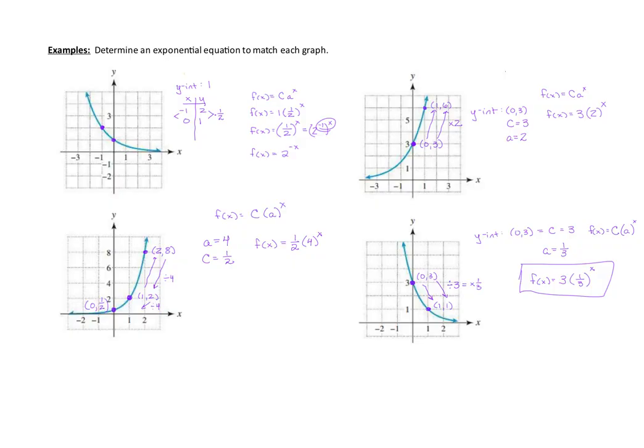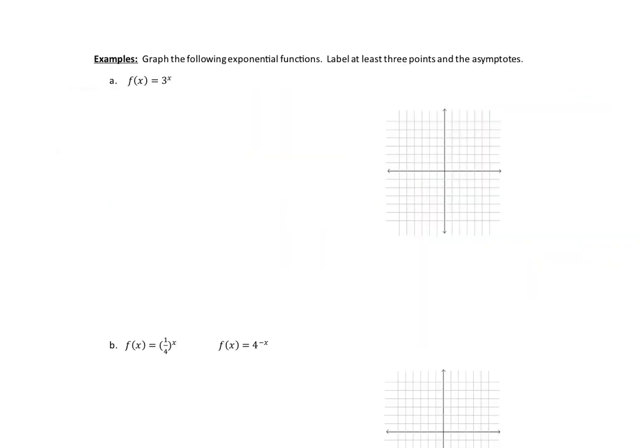All right, that is looking at our graphs. The next thing we're going to do is go ahead and graph some exponential functions. When we do our graphs by hand, we do want to label at least 3 points, and remember we do want our asymptote.